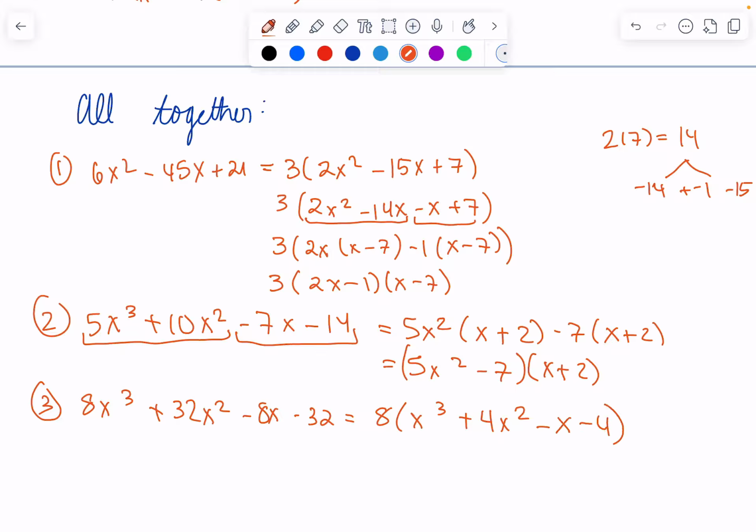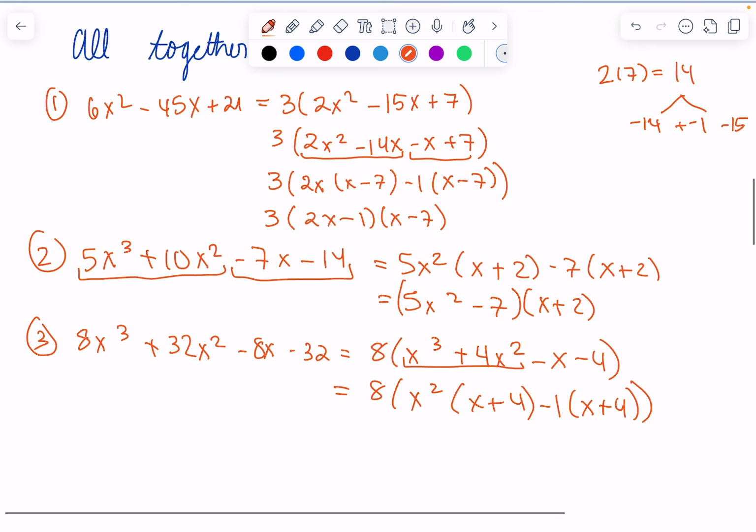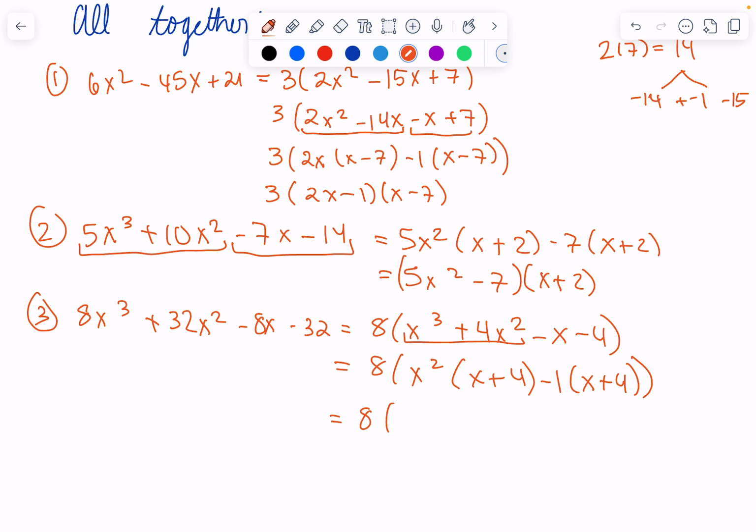Inside the parentheses, there are 4 terms, so I'm going to do factor by grouping. Take out an x squared from the first 2 terms. Take out a negative 1 from the last 2 terms. 1 factor of what they have in common, 1 factor with what's on the outside. And now look at what's in the parentheses.